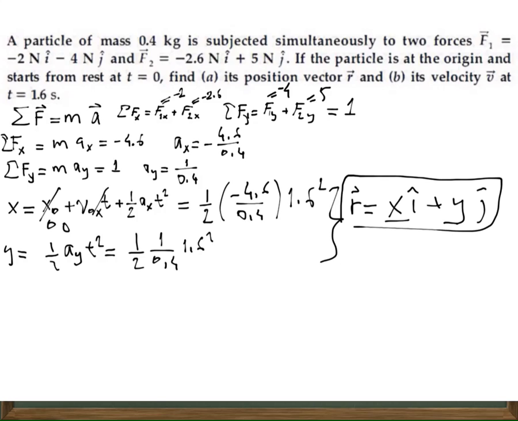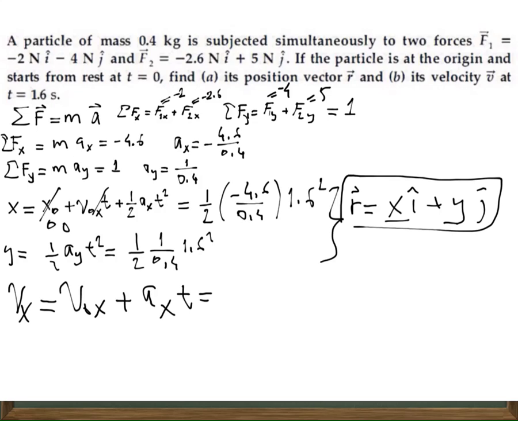Similarly, what is the most general expression for velocity in the case of constant accelerated motion? V_x is just V_0x plus a_x times t. This is the most general expression, right?